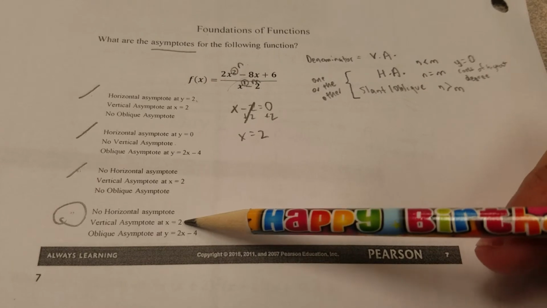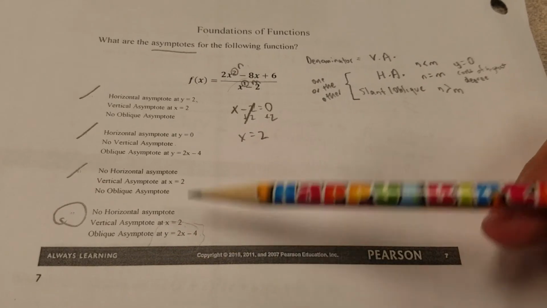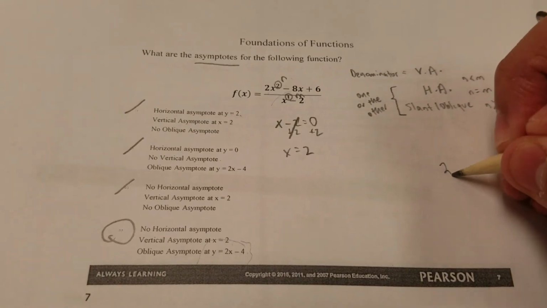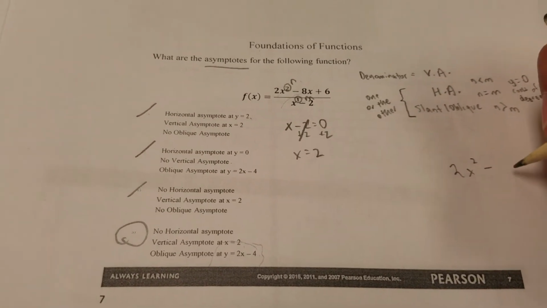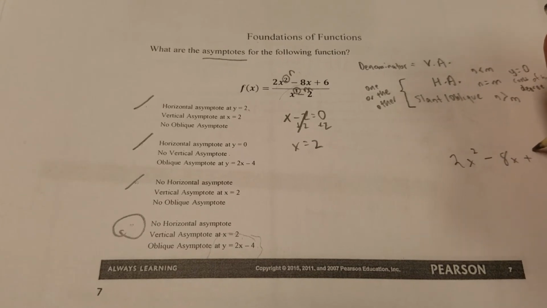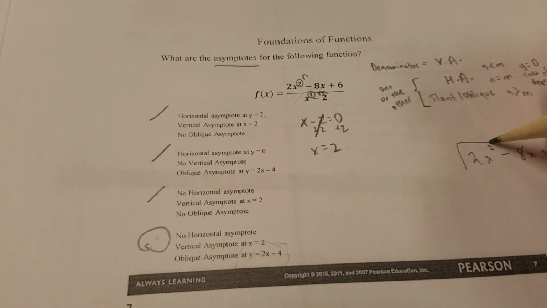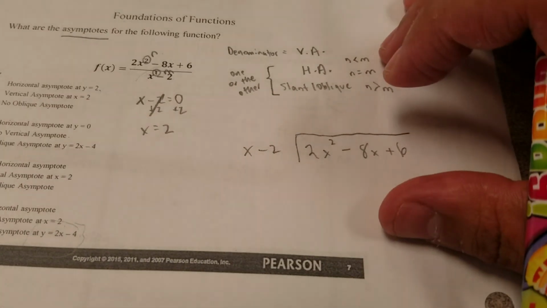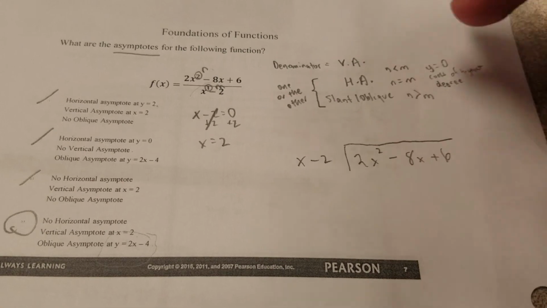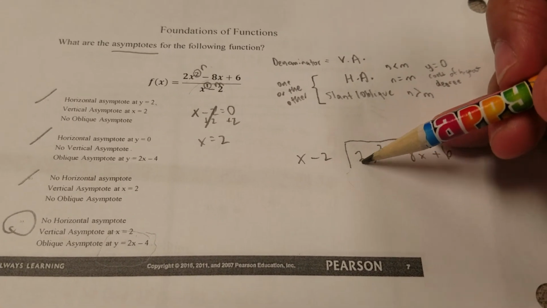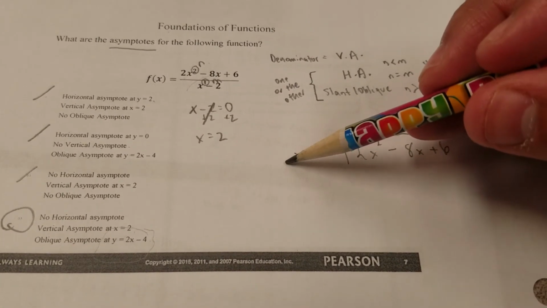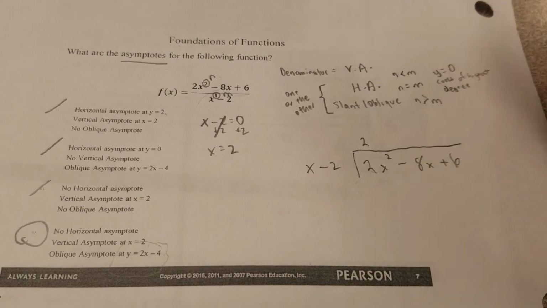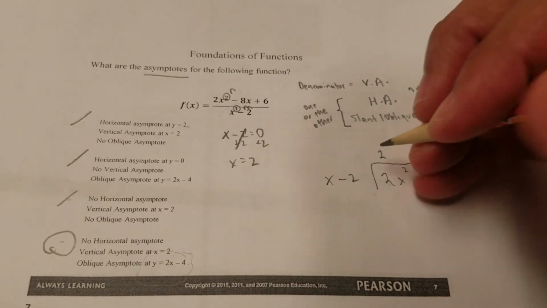And had I had to solve for this actual line, all I would have to do is divide the two polynomials. So here I take the coefficient in front, 2. Here's 1, so 2 divided by 1 is 2. Here I have a square and here I have an x, so I'm missing an x.